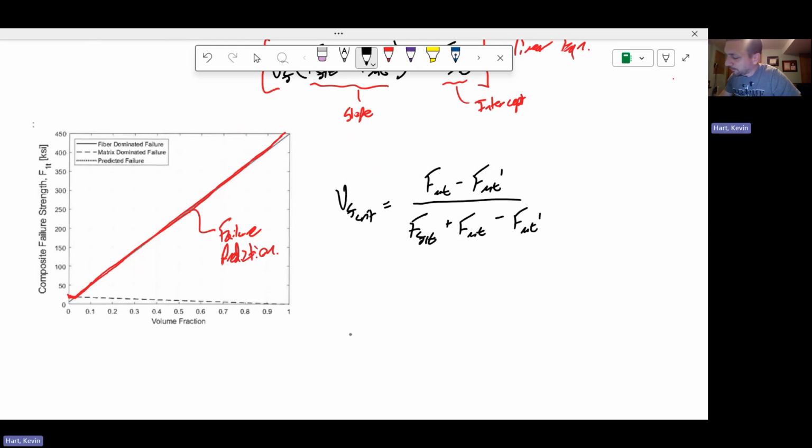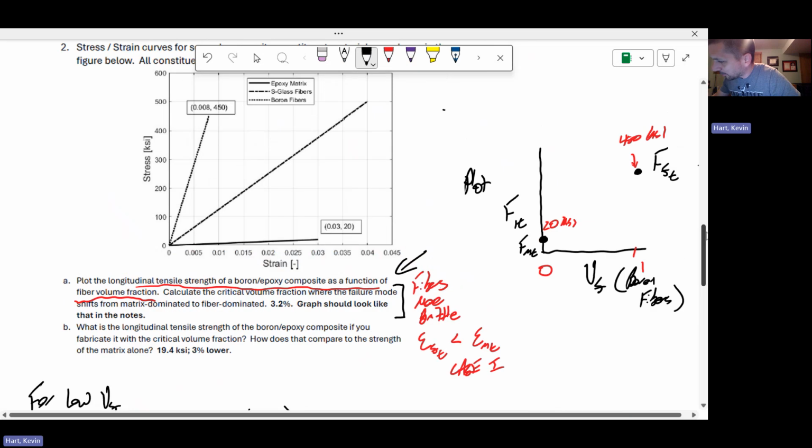Okay, you really want to punch everything in here. I guess we can do that. Failure of the matrix in tension. All right, let's come back up here to our graph. Failure of the matrix in tension is 20 KSI.